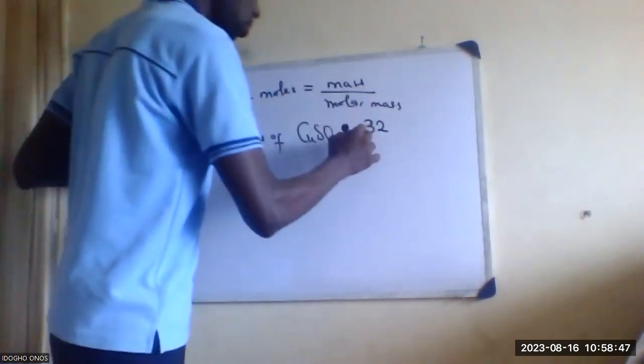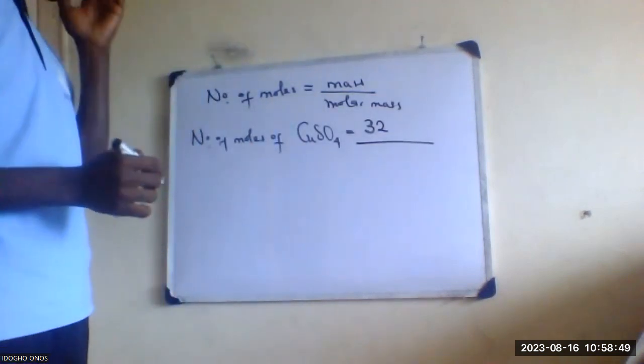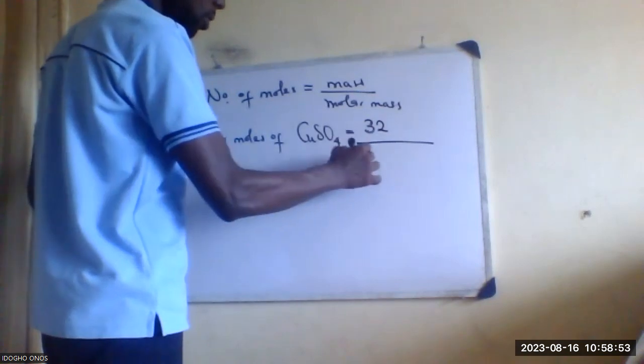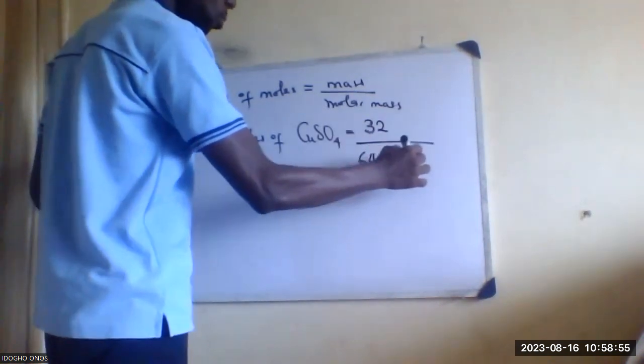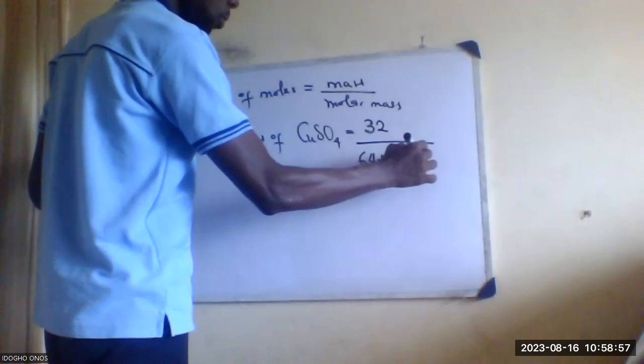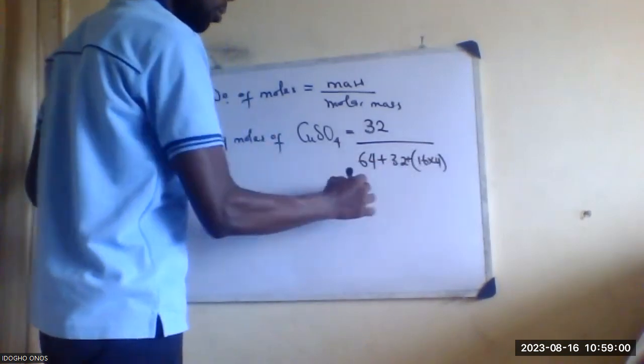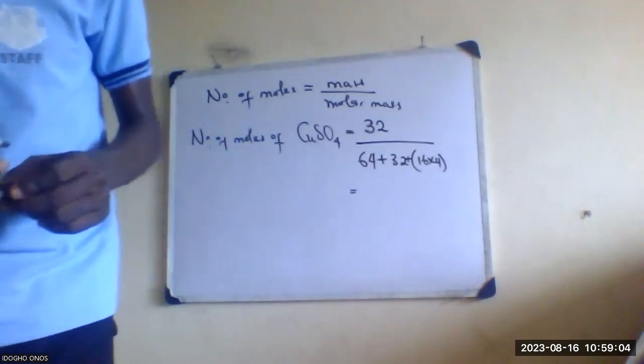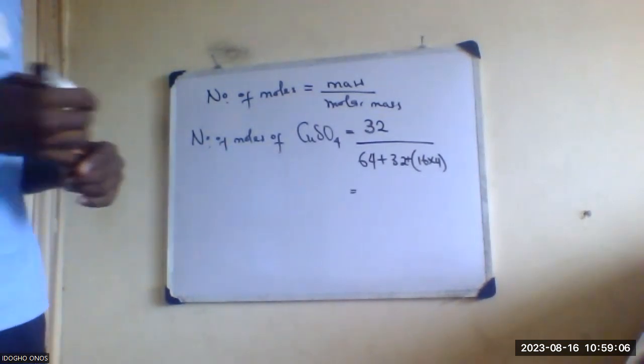Then molar mass of CuSO4. Cu is 64, right? Yes. That will be 64 plus 32 plus 16 times 4. If you do that addition, you get 160.